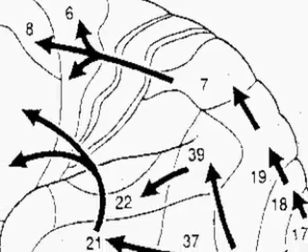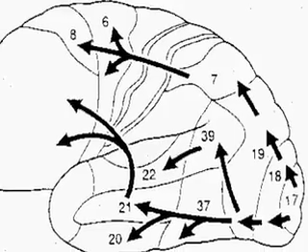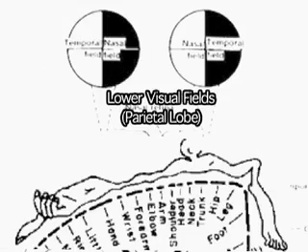So we have the stage, primary, association, and then it's going up into the parietal lobe, and it's also going down.